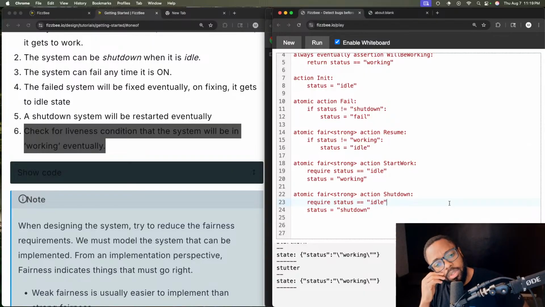So a shutdown system will be restarted eventually. Wait a minute. Shutdown system will be restarted eventually.